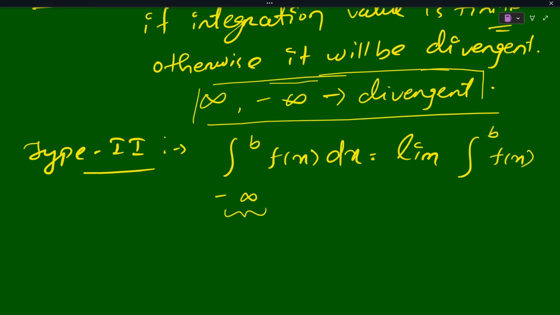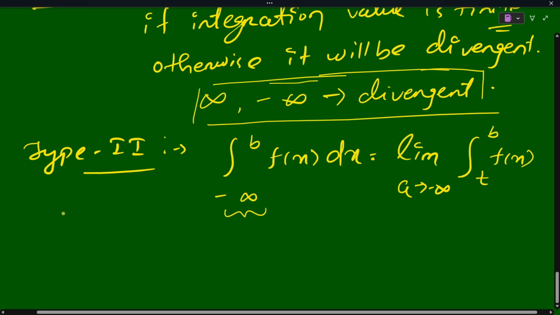Suppose I take t, then it would be t tends to minus infinite, and here I have to write t. If you want to use a, then here also you have to write a. So this constant is always on your own.